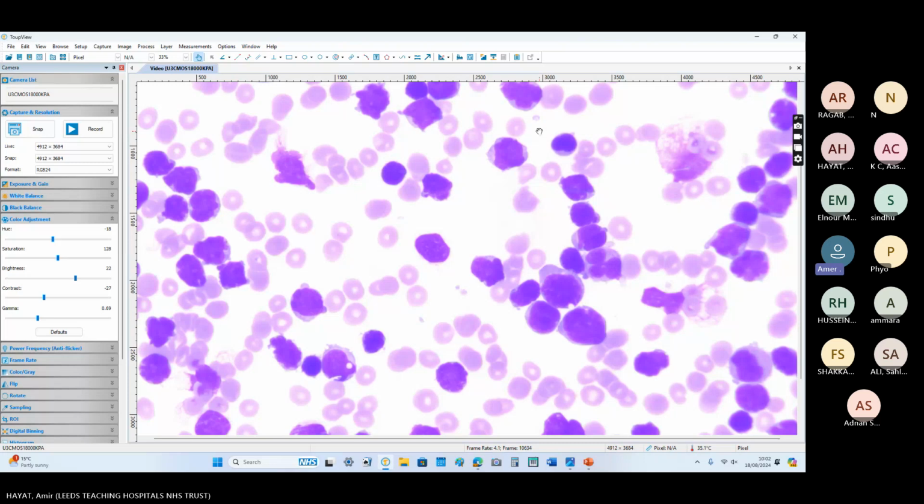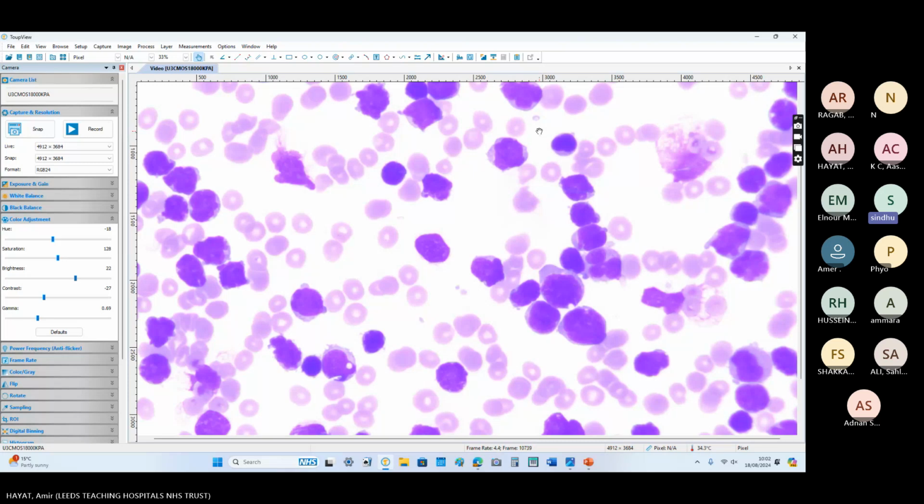APML has a typical bilobed nature. I need to bring up APML in the next session as well. They don't have cytoplasm like this, small cells like this, or a high white count like this. But a hypogranular variant can be seen like this.